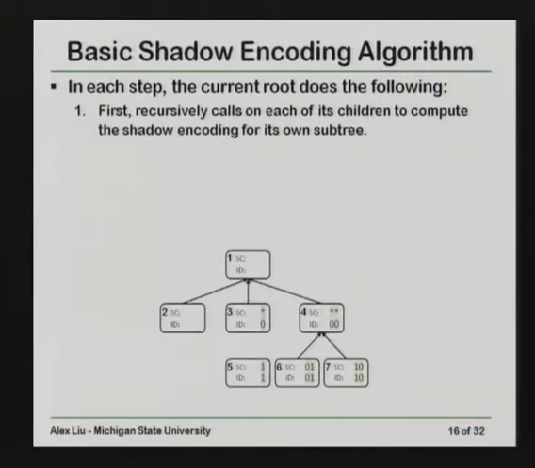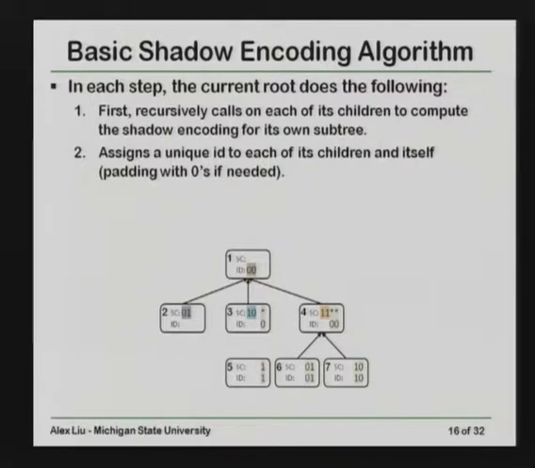We first do this shadow encoding for every child, and second we assign a unique ID to each of its children and itself. We look at 1, 2, 3, and 4. The simple unique ID is just a binary encoding.